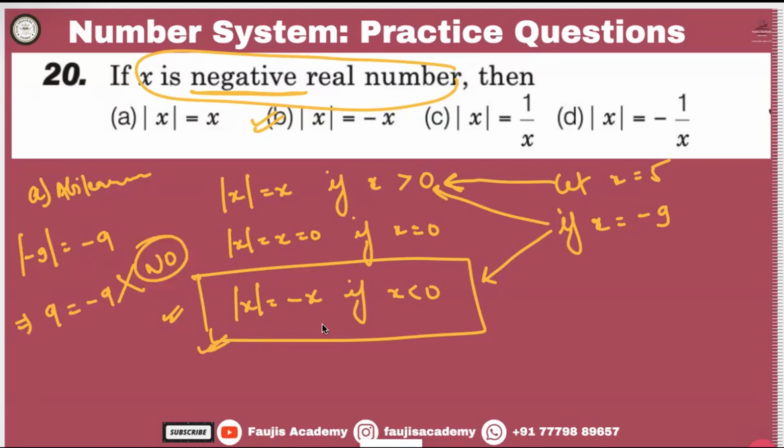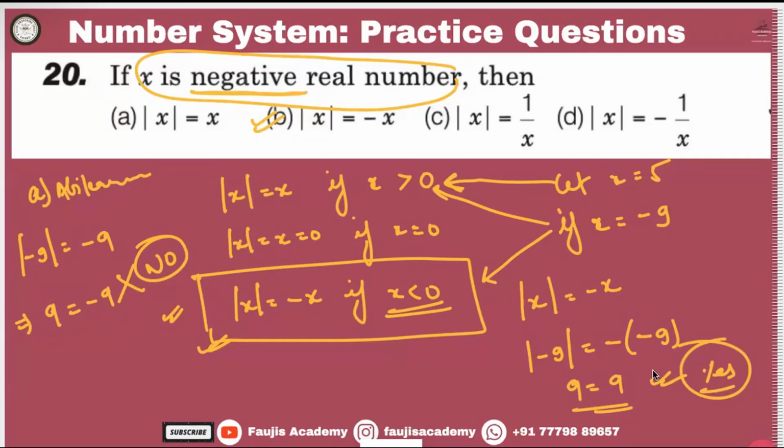But if you see this, mod of x is equal to minus of x if x is less than 0, or x is a negative number. So mod of this one is minus of minus 9, which essentially gives you a positive number. Is it correct? Yes, it's correct. Got it, buddy? Yes, sir. Cool. Mateshwaran, Moilan, both of you, got it? Yes, sir. Clear, sir.